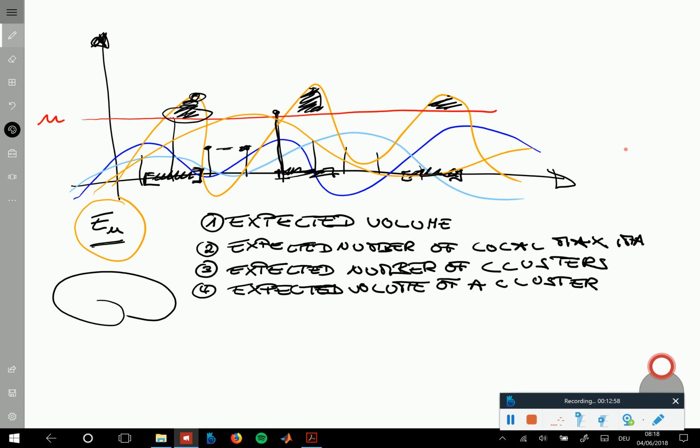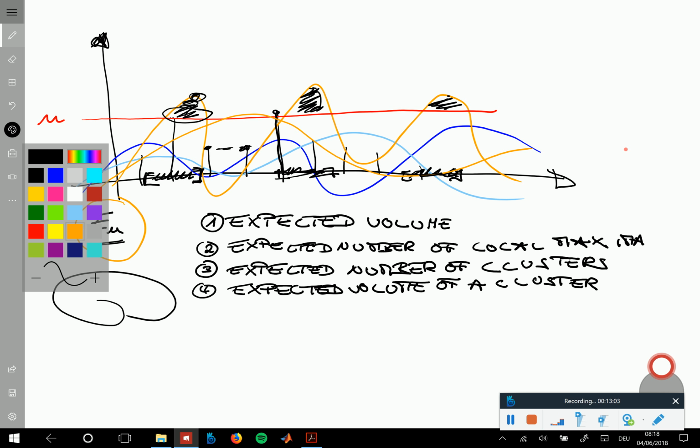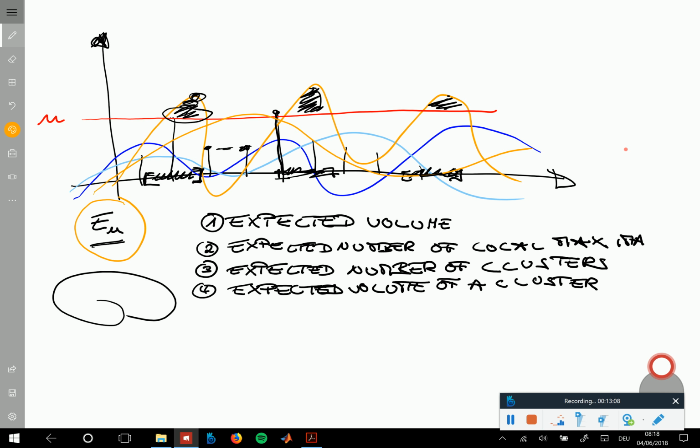If you have this T-map and then you use a threshold value and obtain a network of activations, as we like to say, although these are really just excursion sets, then the question is, what's the overall volume of this under the null hypothesis? How many clusters or local maxima do we have? And how big is this cluster on average? All these things under the null hypothesis.